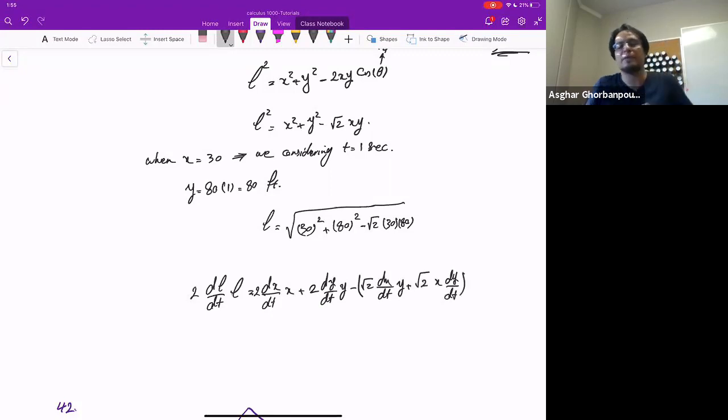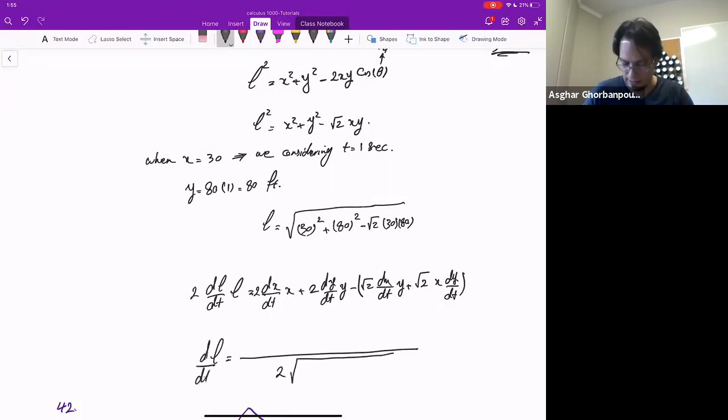Then plug in everything there and find the value of L. So dL/dt is equal to, dividing the 2L to the other side, 2 times root of 30 squared plus 80 squared minus root 2 times 30 times 80.